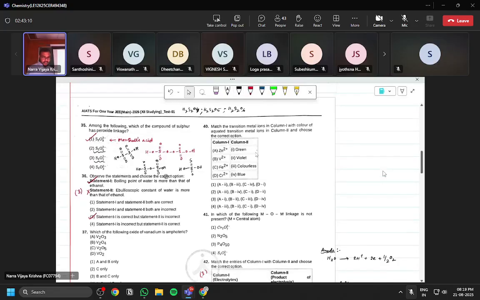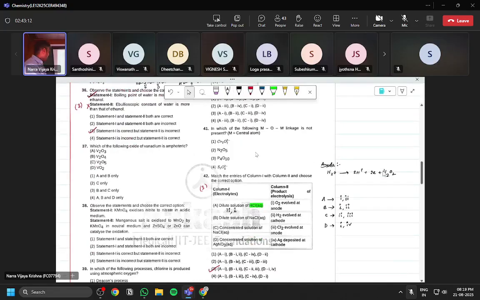Question number 37. You have to answer. D and F block. Which of the following oxides of vanadium is amphoteric? All oxides of vanadium are basic, except V2O5. V2O5 is distinctly acidic or amphoteric. Slightly acidic but amphoteric. Correct or not? So V2O5.